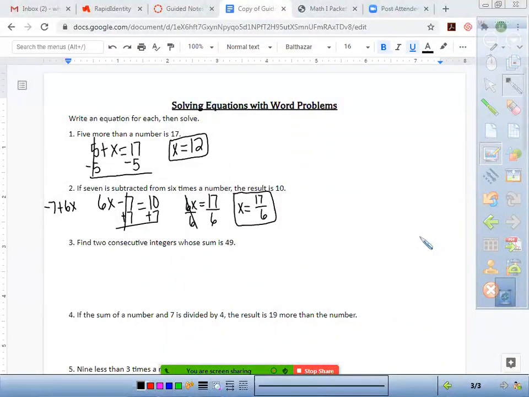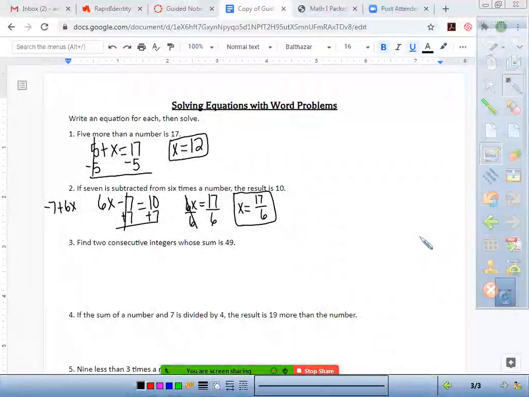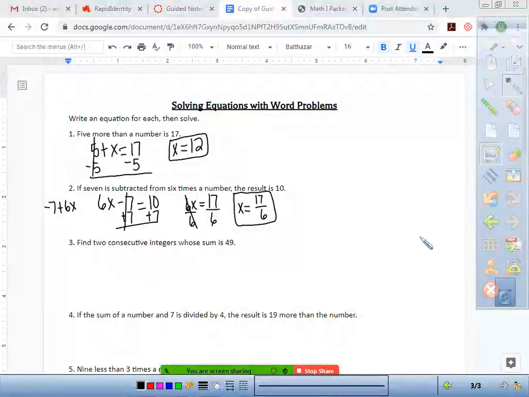Consecutive means one after the other. So like, if I say the number is 3, what comes after 3? 4. So 3 and 4 are consecutive integers. They come after one another.